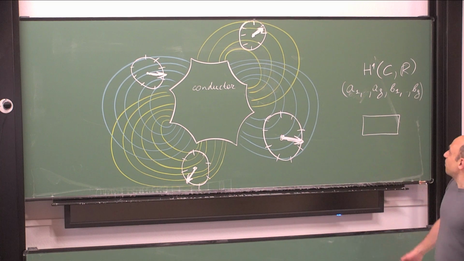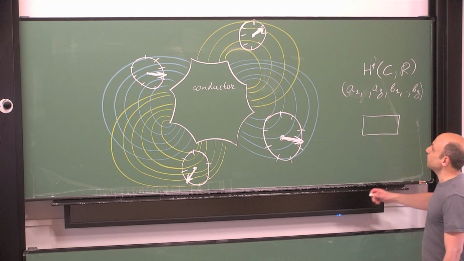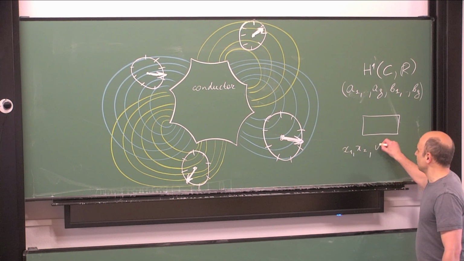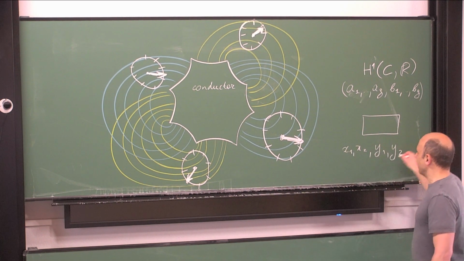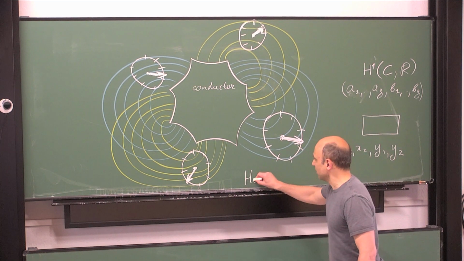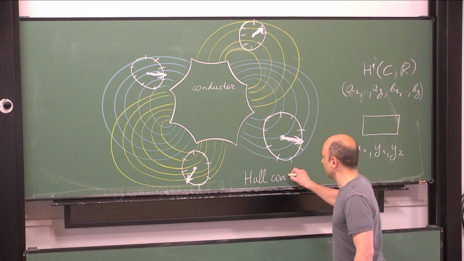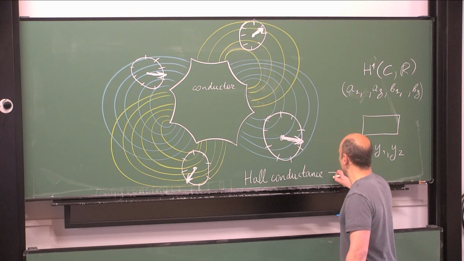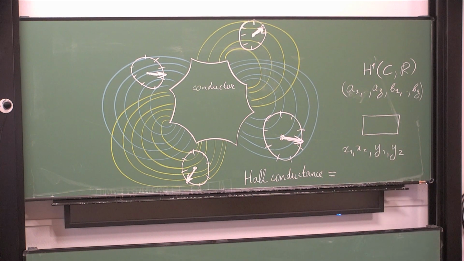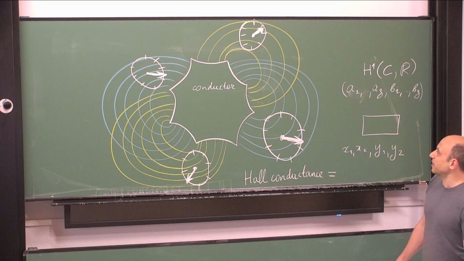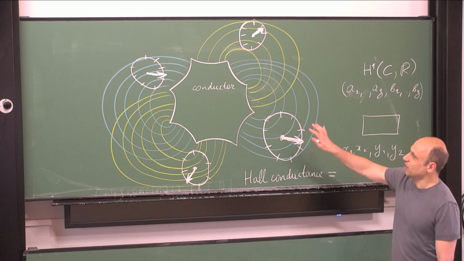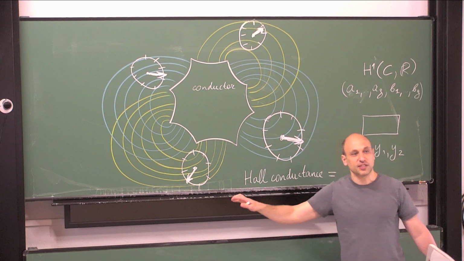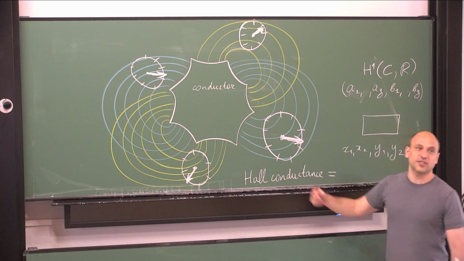So in this case, we have instead of x and y, we have x1, x2, y1, y2, and the Hall conductance. It's actually a two-form. You can measure the current along one of the devices and the difference in potential with another device, and for any 2 devices you get a number.